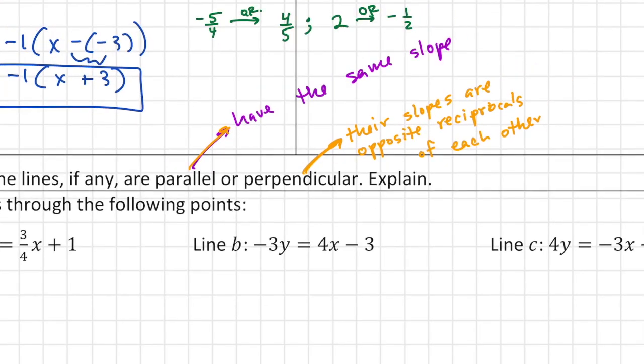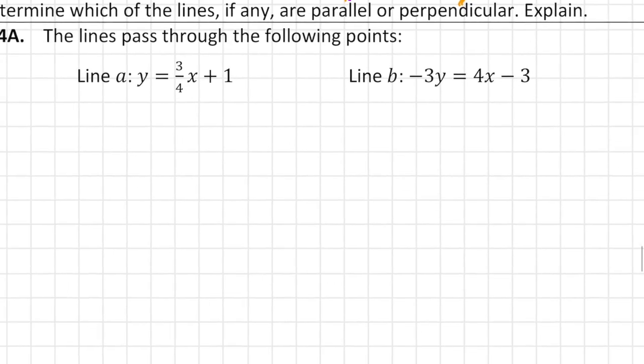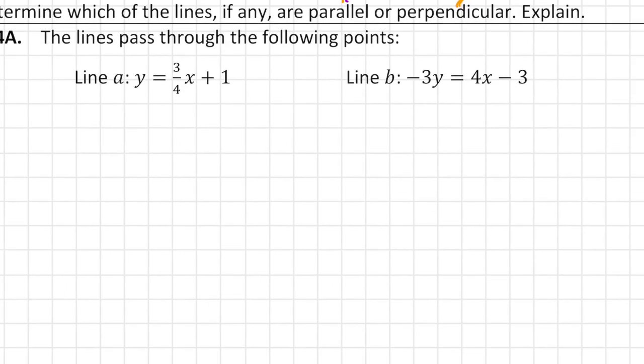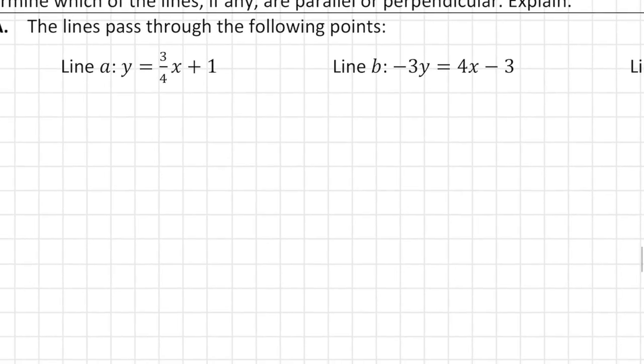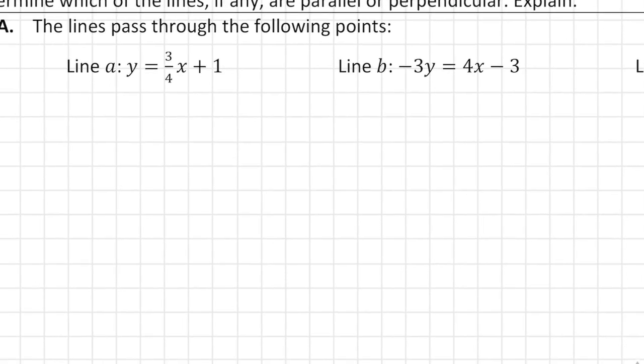So if I had them in slope-intercept form, that would help me. Now line A is in slope-intercept form. I can easily tell that 3/4 is my slope. And while it may or may not be important, my y-intercept is at 1. Okay, and I'll just leave it as b = 1.